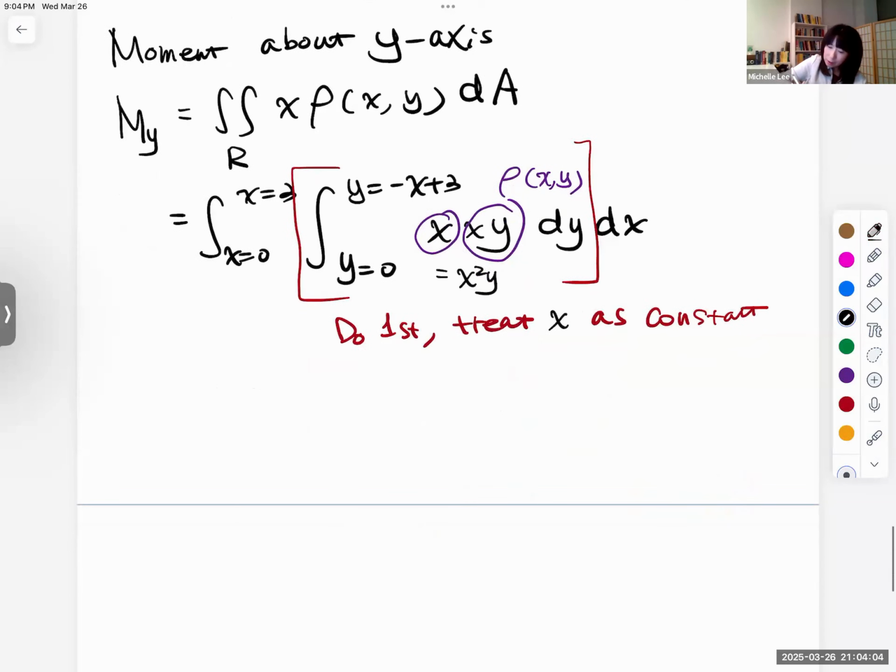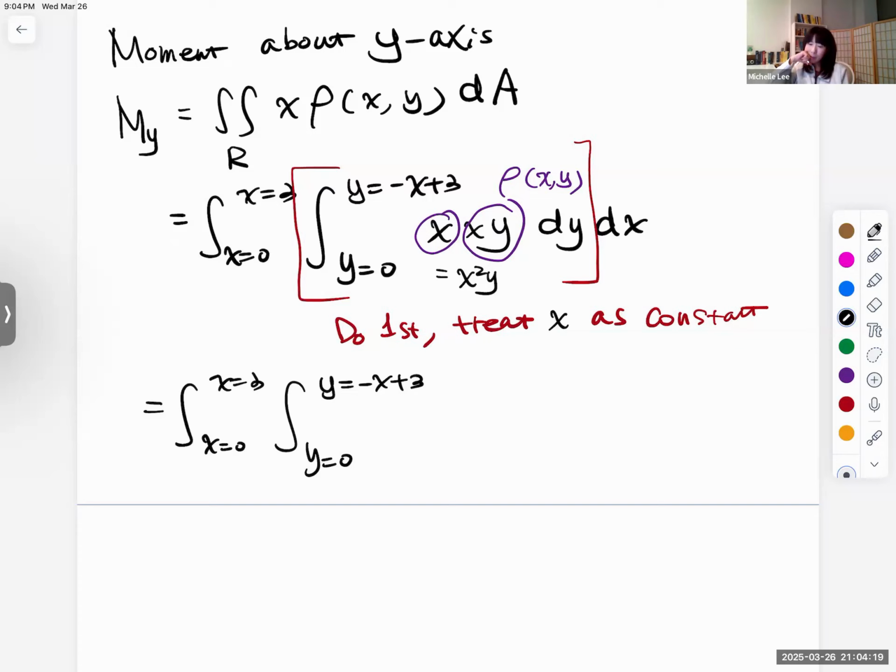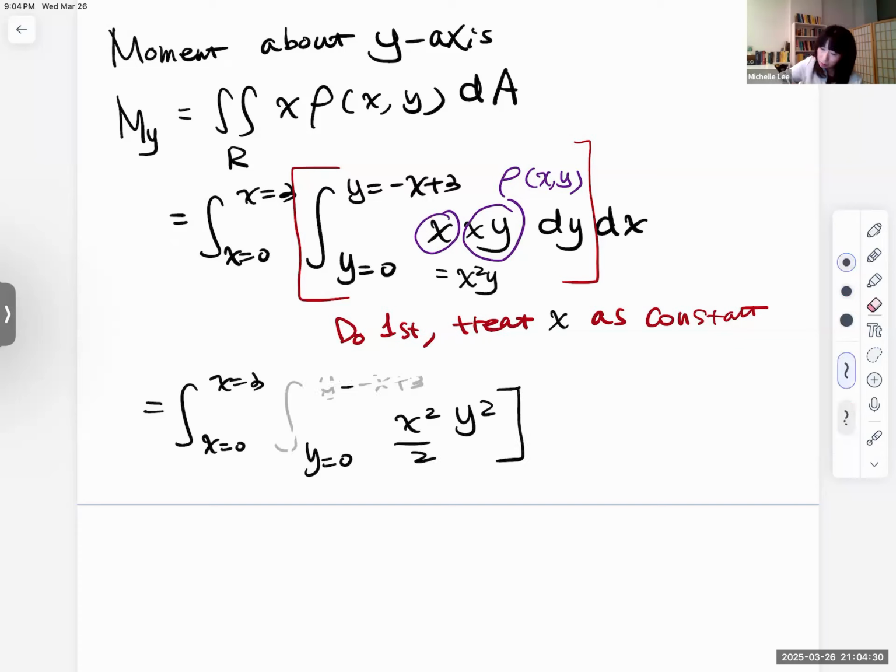All right. So we have x equal to 0 to 3 and y equal to 0 to negative x plus 3, and x squared y. So x squared, constant, y squared over 2.